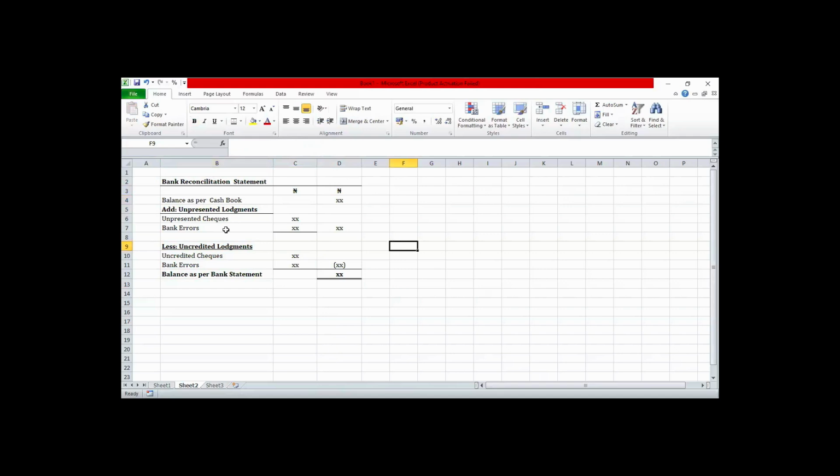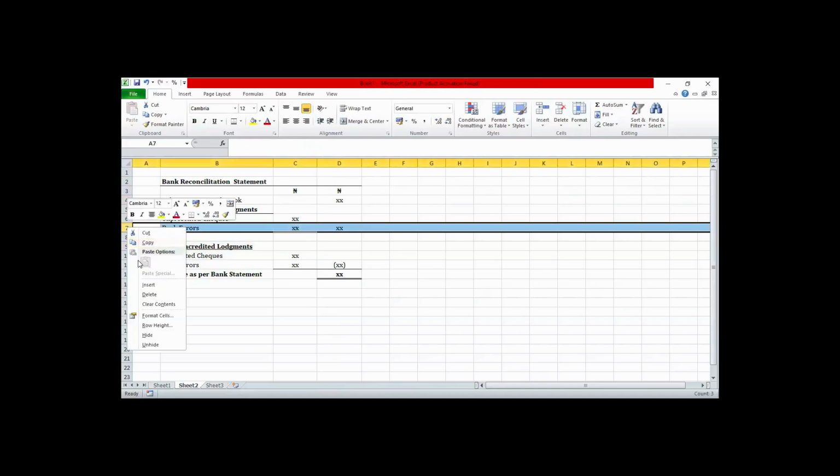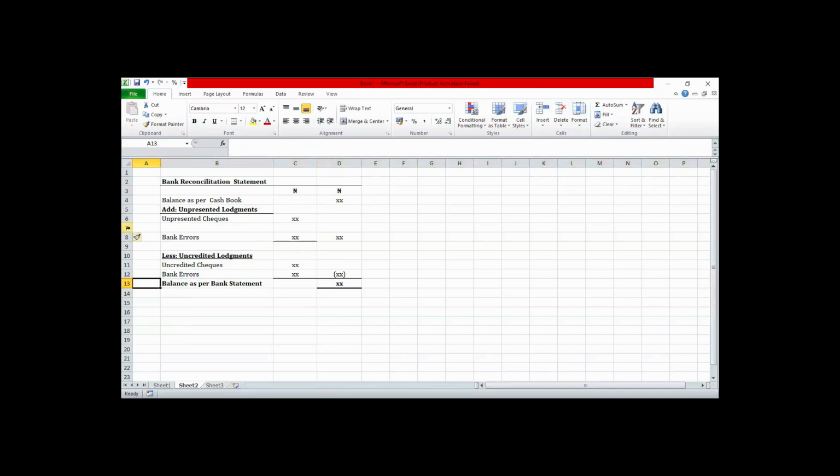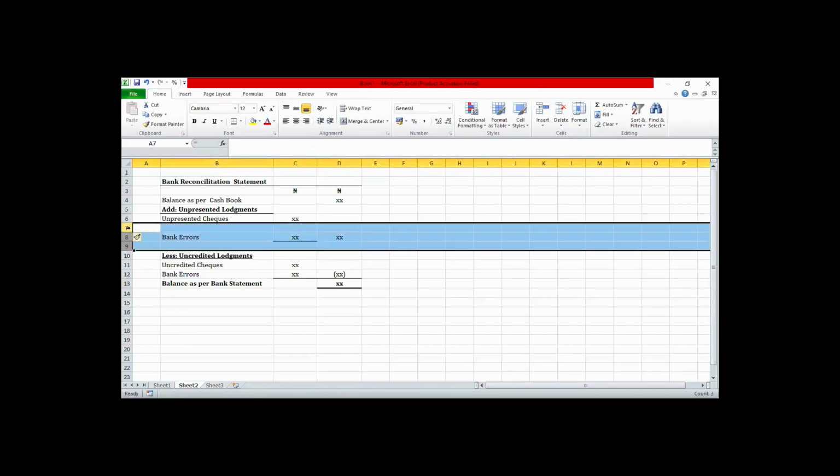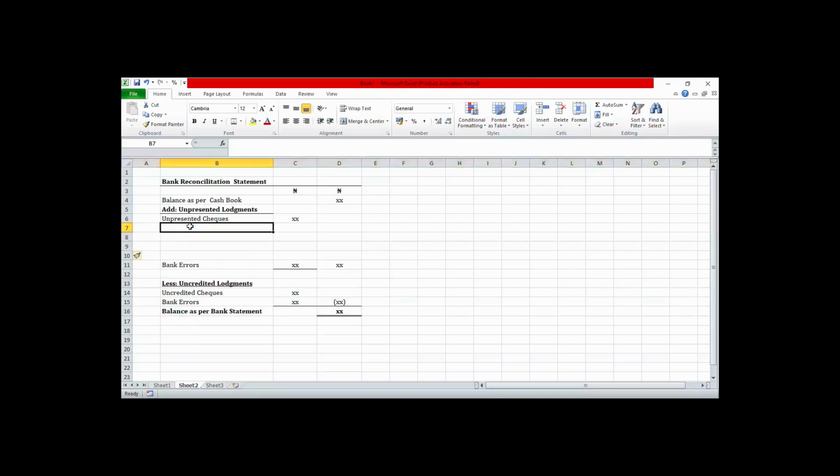Now, what are the other things to be considered here? All those things that are meant to appear at the debit side of the adjusted cash book will be added under the unpresented lodgement. What are those ones I've listed here before? Credit transfer will appear here.